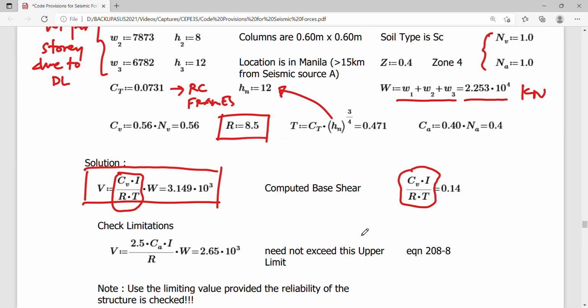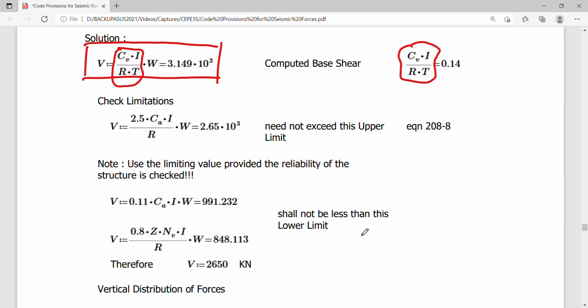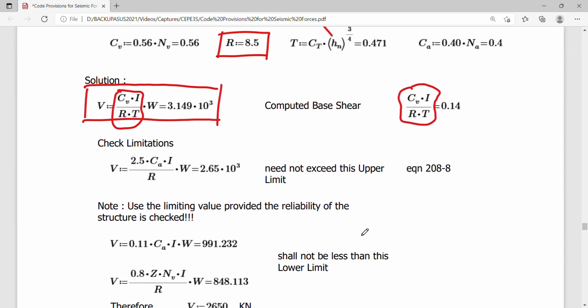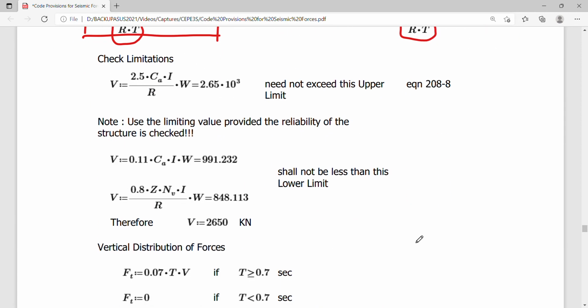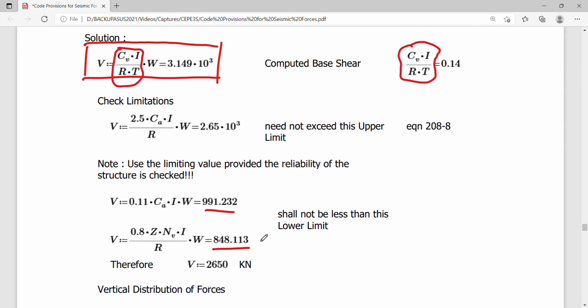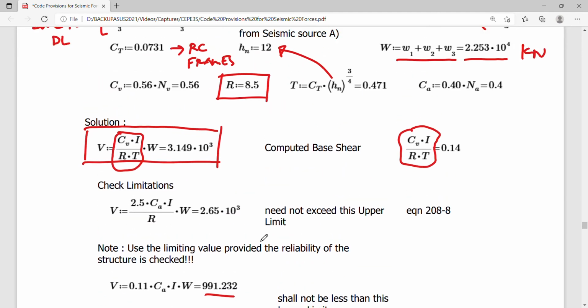Okay, so if we take a look now at these two formulas, we don't have any problem because this is less than what we have computed based on the equation. Now, in order to conclude what base shear to use, we cannot overestimate the base shear that the building can handle.